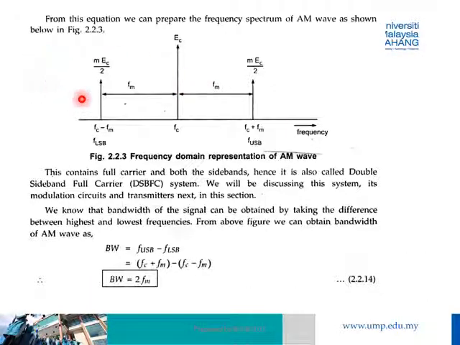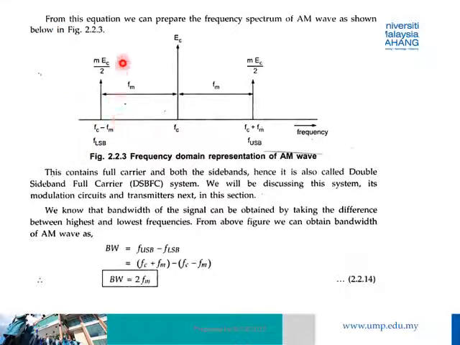From that equation, we can analyze the signal in the frequency domain, where we have the amplitude and the frequency spectrum. Frequency domain representation of the AM wave. So what is that?